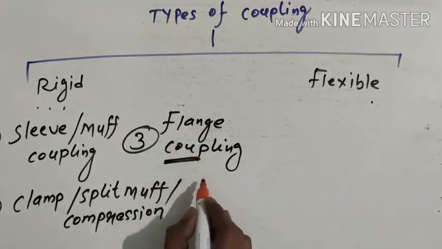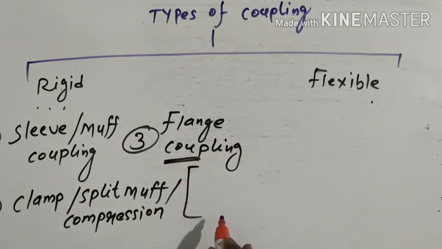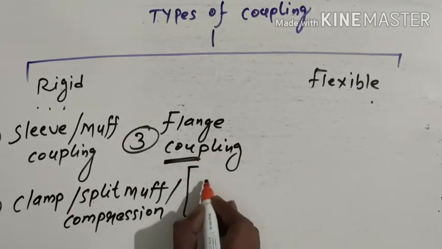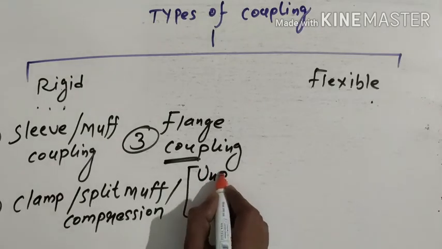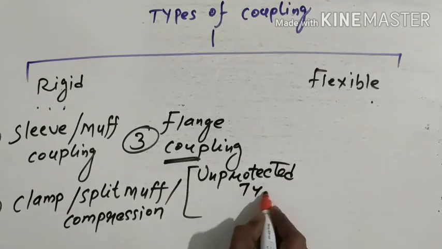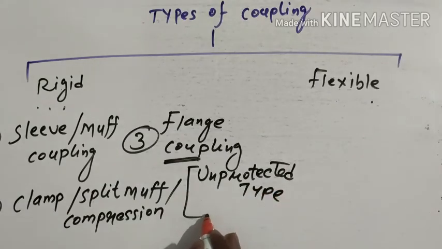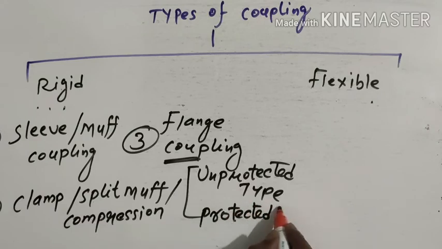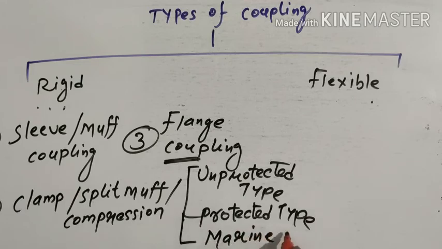This flange coupling is available in three types: the unprotected type, the protected type, and the marine type.